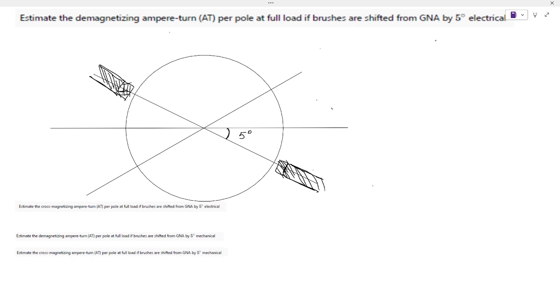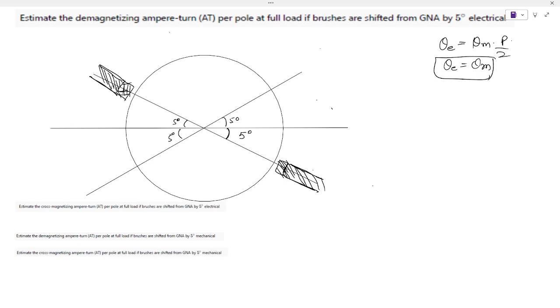Now it is a two pole machine, so theta electrical is equal to theta mechanical into P by 2, and since P is 2, theta electrical is equal to theta mechanical. So this is again 5 degree, this is 5 degree by the angle properties.